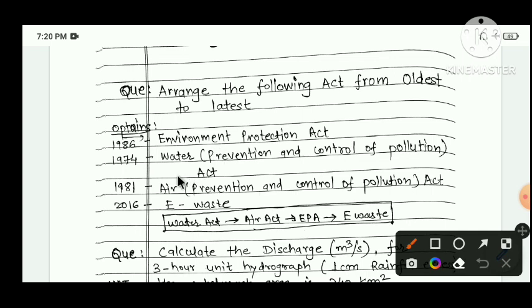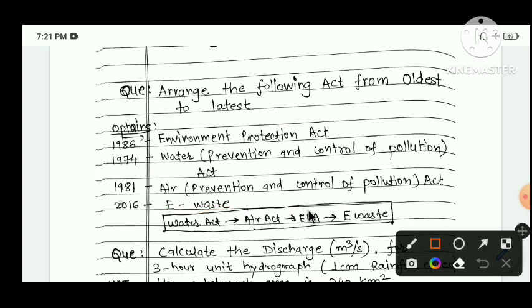So if we see, the Environment Protection Act was enforced in 1986, Water Act 1974, Air Act 1981, and E-Waste 2016. So based on this, the oldest act is the Water Act. So the correct sequence for our answer will be this.